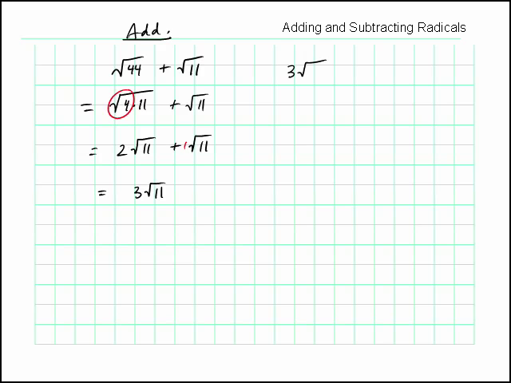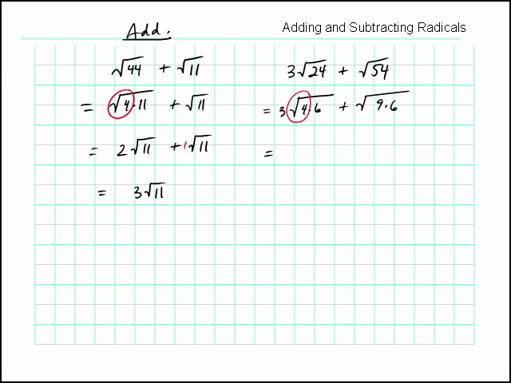3 square root 24 plus square root 54. Okay, so first I'm going to simplify the radicals. Let's see, 24 is 4 times 6, and 54 is 9 times 6. The square root of 4 is 2.